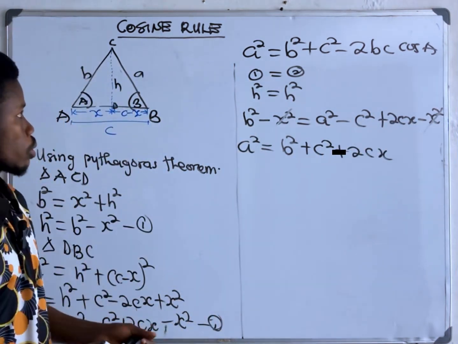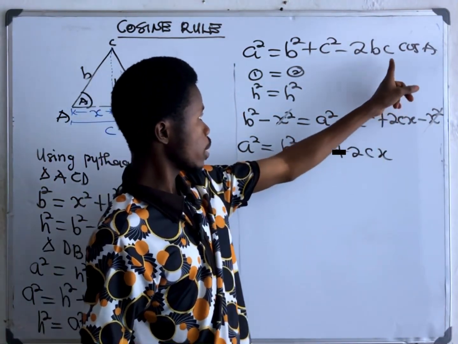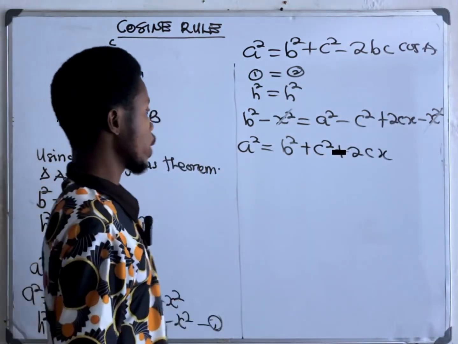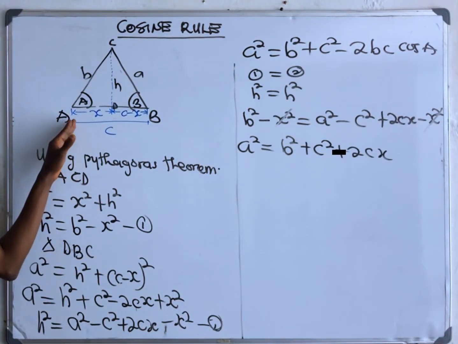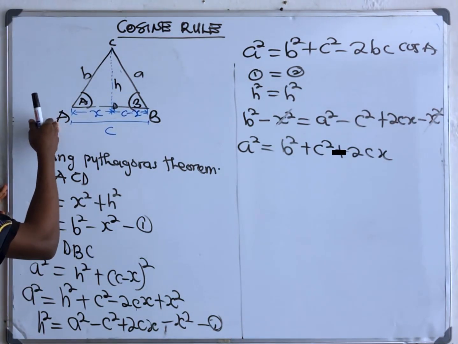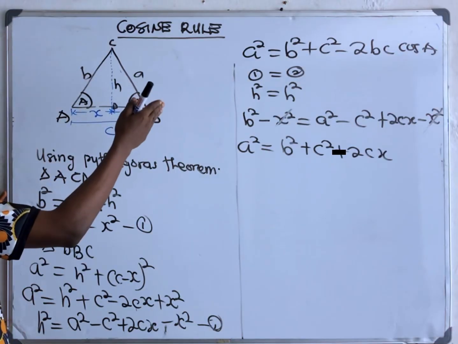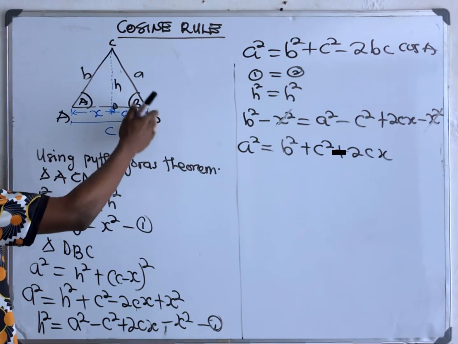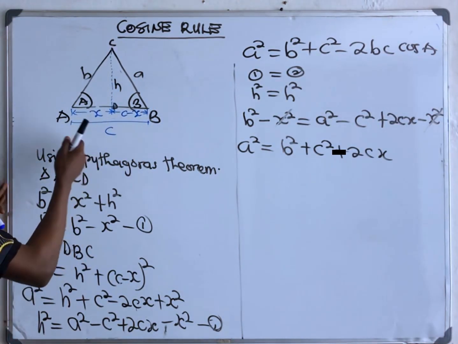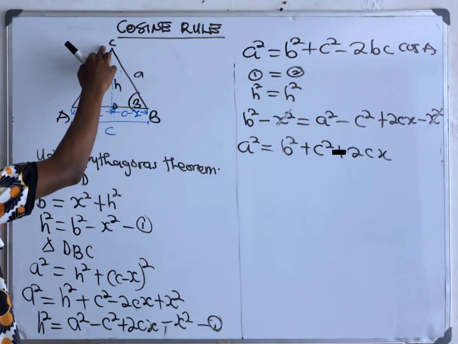Now, we still have not achieved it. We have the c here, we have the 2 here, but we don't have b cos A. So let's visit the diagram again. You see, our focus is on a. If we were proving for b squared, the focus would be on b. If it is c, the focus will be on c. Let's consider the a here. That's triangle ACD.